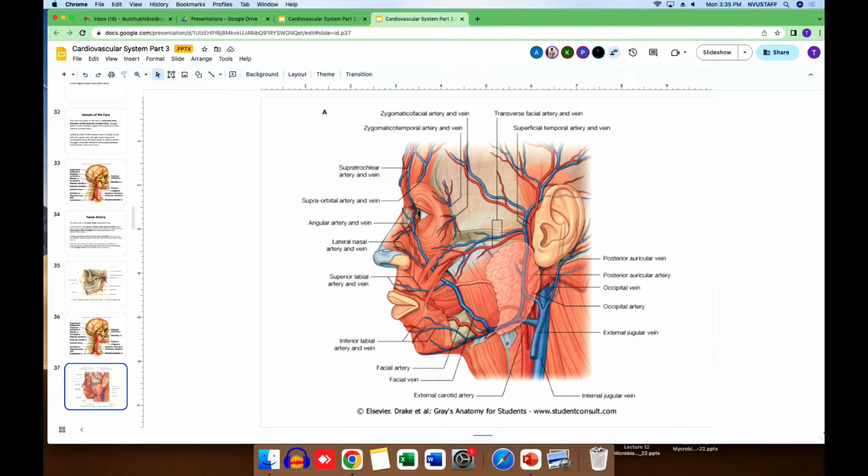So here, we see how our facial artery has angulated, right? And came medially. And we see the superior labial branch. And lower, as it went behind the muscle, we see the inferior labial branch, right? Also, if you see here, a part of the superior labial branch also divided and gave us the lateral nasal artery that supplied the side of the nose, right?